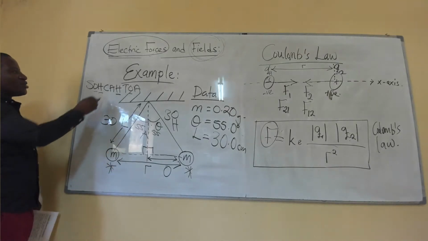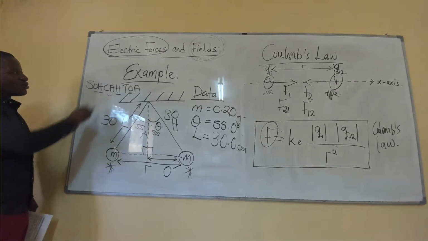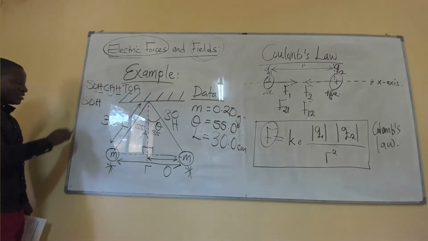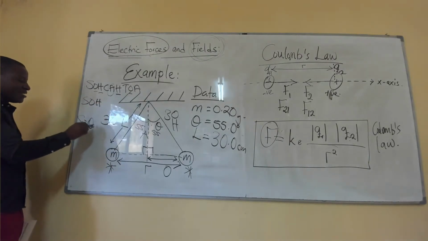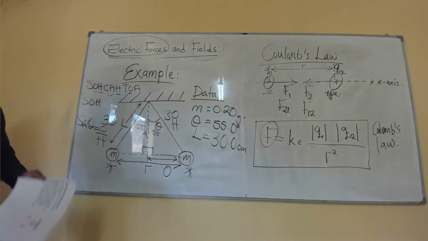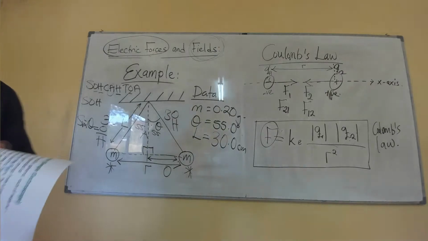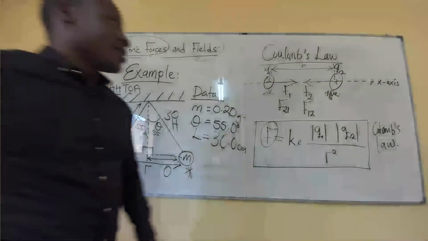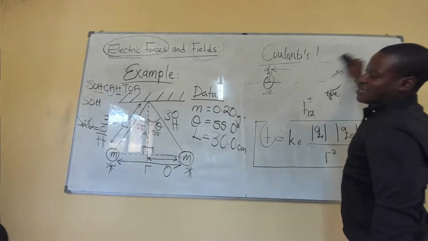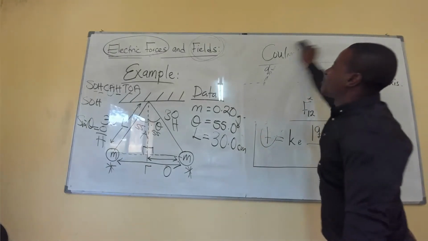Here you are looking for the opposite, you don't need the adjacent. So you use the first one, sine of theta equals the opposite over the hypotenuse. Then you make what you are looking for the subject of the formula.